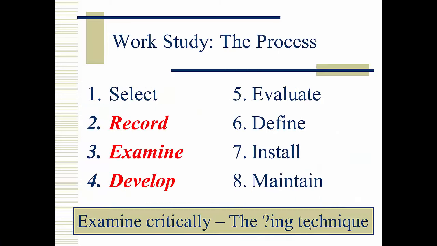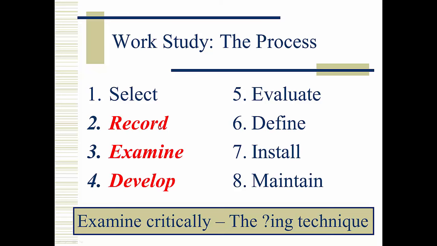The other thing I wanted to wrap up with is where these tools fall in our work study process. Here's our SRED IMI: select, record, examine, develop, evaluate, define, install, maintain. Where in the improvement process that we follow in this class do these tools fall in? They're not really part of the select because we've already selected an area for study, but it is a little bit of a loop.